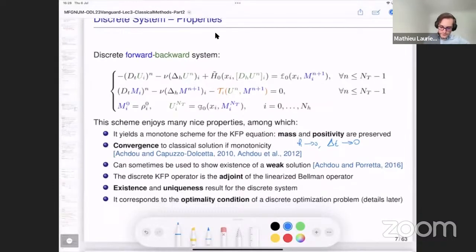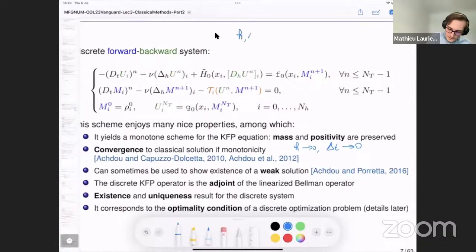So another nice property is that sometimes it can be used to show existence of solution to the PDE system. So what you do is you fix h and delta t. You obtain a finite difference system. You get the solution, u, for this given h and delta t.